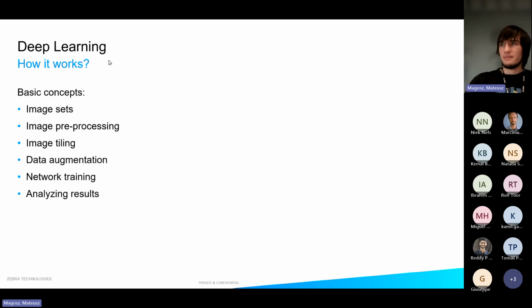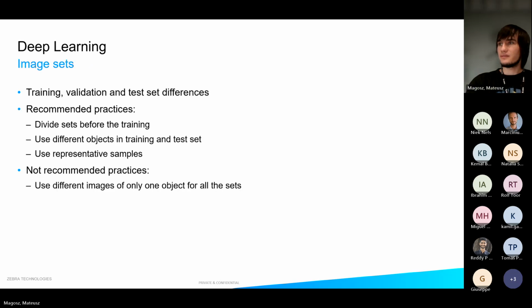Now I will explain some basic concepts that I will be using during the presentation, but during our training, I will also explain them more in depth if needed. So first of all, training sets.